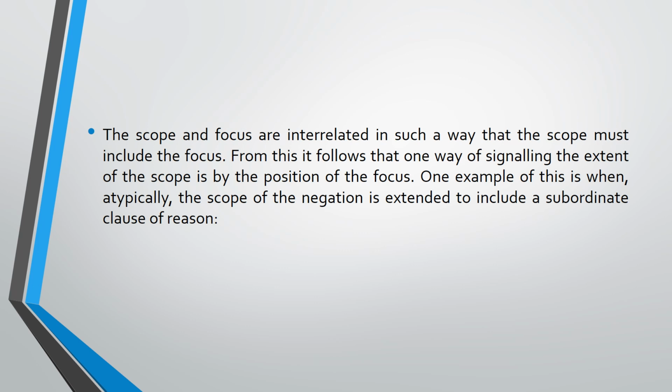This can be clearly seen when we are having a sentence that ends with an adverbial clause. Okay, and you remember we said previously the adverbial clause, or the adverb in general, that comes at the end of the sentence can either be included within the scope of negation or be kept outside of it.